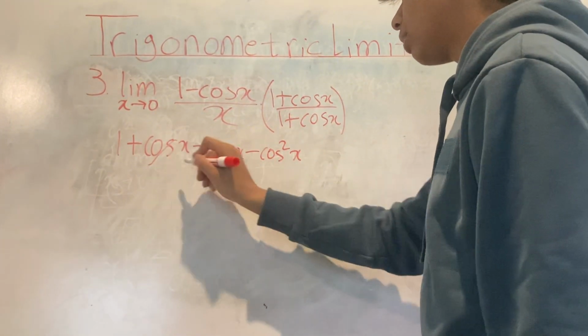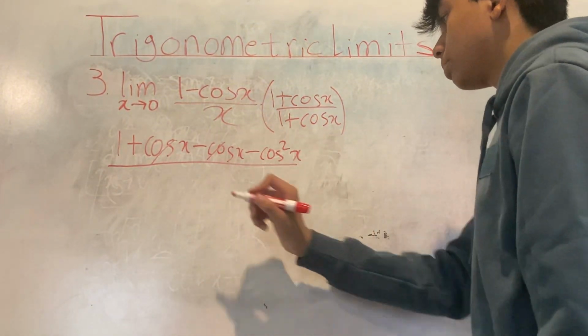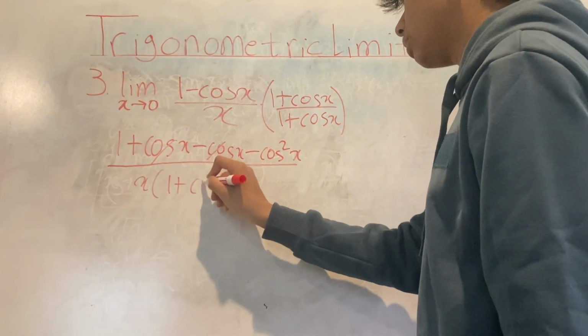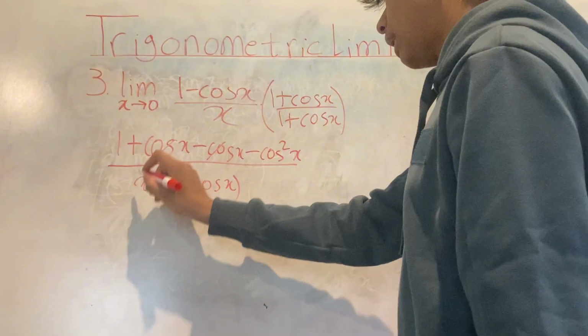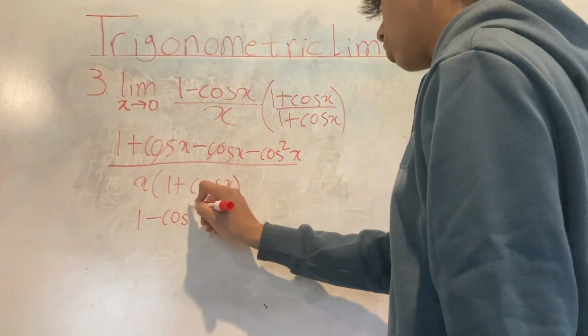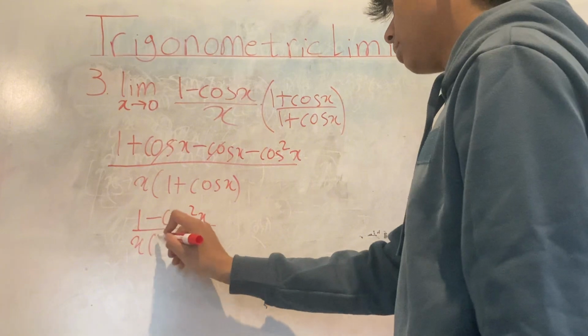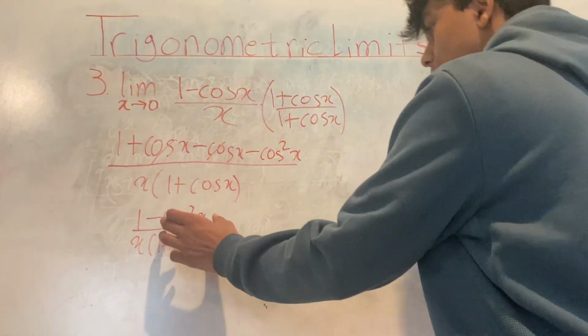And so we can cancel these off. And the denominator, we don't necessarily have to multiply, so we can just keep it as x times 1 plus cosine x. And now if we simplify this, we'll have 1 minus cosine squared x over x times 1 plus cosine x. And this might look a little familiar too.